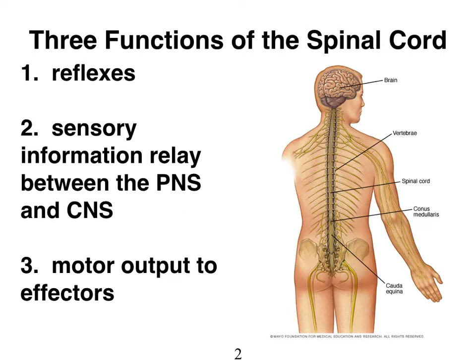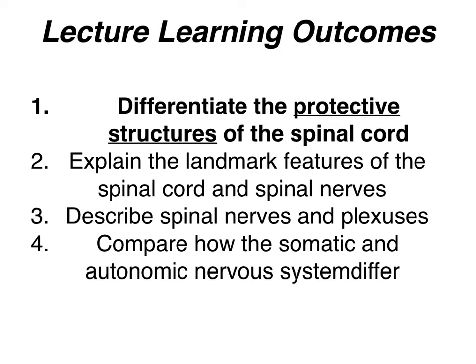Based upon that sensation, it would then cause the interneurons to mount a response. This would then occur through motor output to effectors, which could also be carried through the spinal cord to reach distant muscles. So we're going to talk about the spinal cord first, starting with protective structures of the spinal cord.